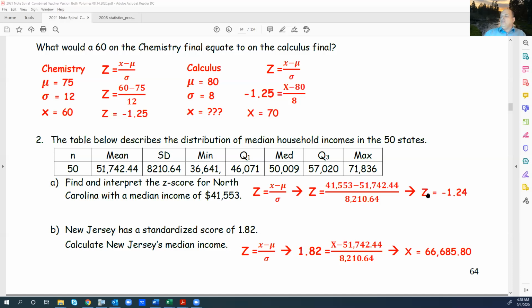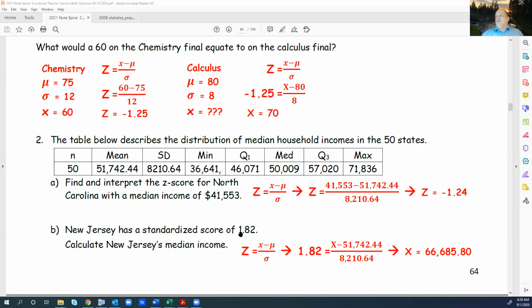Well, what that means is North Carolina, when we calculate the z-score, was 1.24 standard deviations below the average. And we knew that we expected a negative z-score because their value is below the average. So we would think that we'd have a negative, and it turns out we're 1.24 standard deviations below the other states, or the average of the other states.